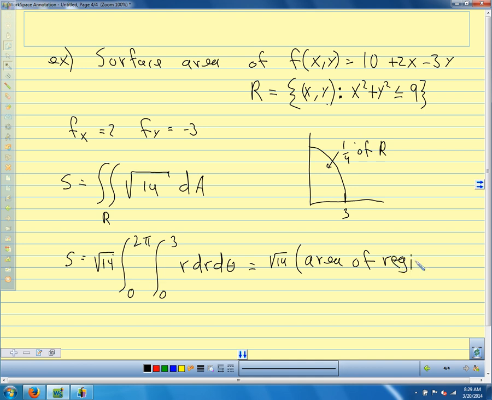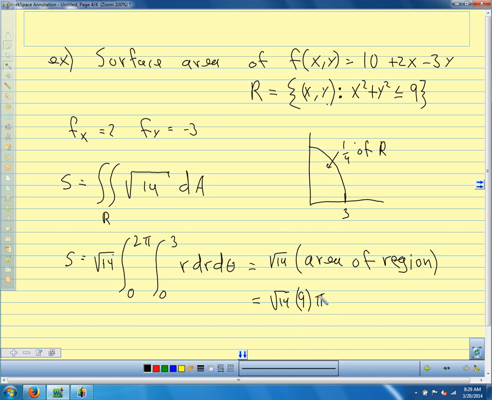So here's one where we use geometry. What's the area of the region? The region's a circle, radius 3. What's the area of that region? Pi times the radius squared. Square root of 14 times 9 pi.